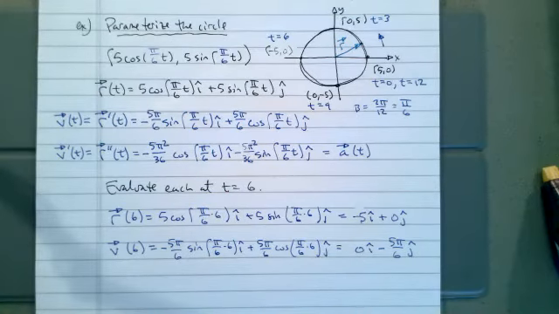Notice that the velocity vector is tangent to the circle at the point.